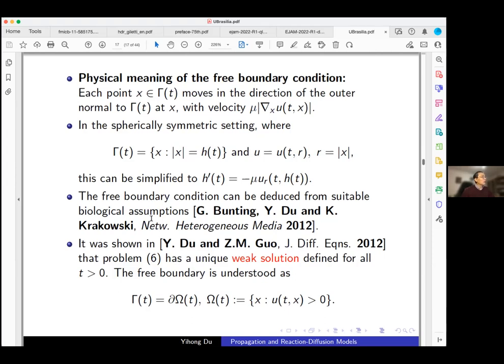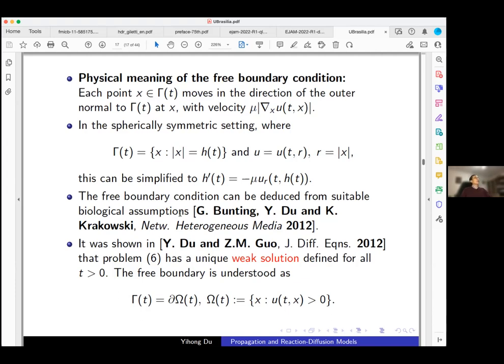Now, what's the biological meaning of these free boundary conditions? In this joint paper with my colleagues, we deduced this free boundary condition from a biological assumption. What biological assumption?